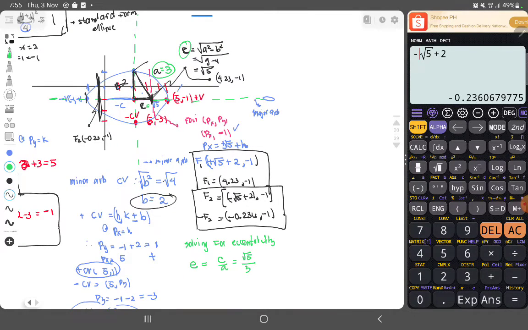So the square root of 5 over 3, which is equal to 0.74535.